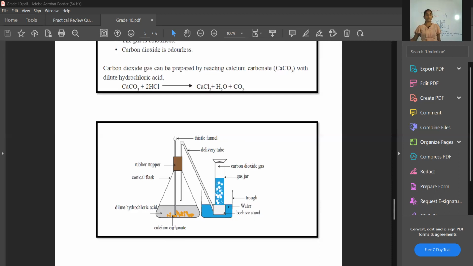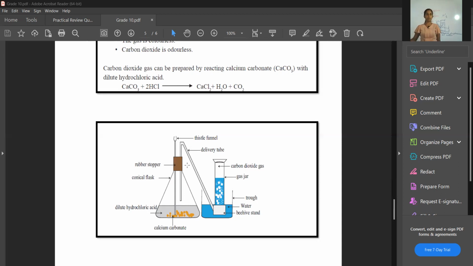Yes, instead of calcium carbonate, we can use eggshells, or the shells of snails. Like that, we can use any calcium carbonate source to prepare carbon dioxide gas if we don't have calcium carbonate in the school lab.